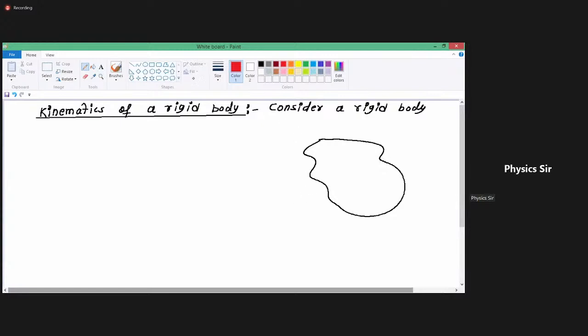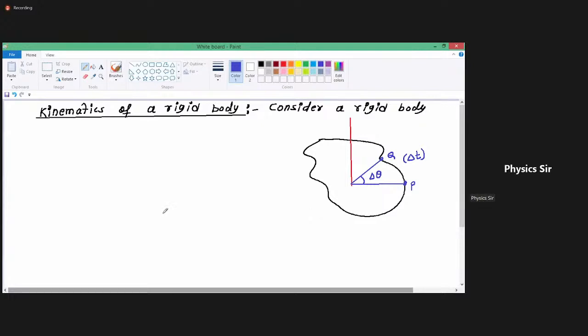Let us say that this is the axis of rotation of the rigid body. What is happening? There is a mass on this rigid body which is moving from P to Q, making an angle delta theta in a time delta t.